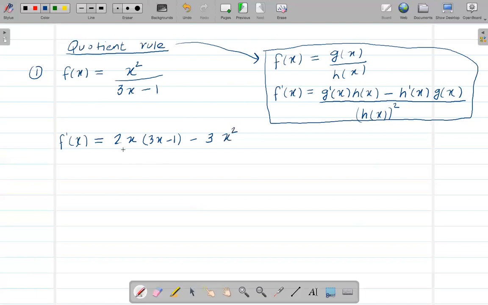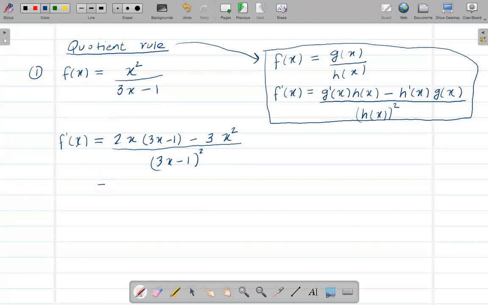And divide this whole thing by 3x minus 1, taking the square of the denominator. All I'm doing here is using this rule.